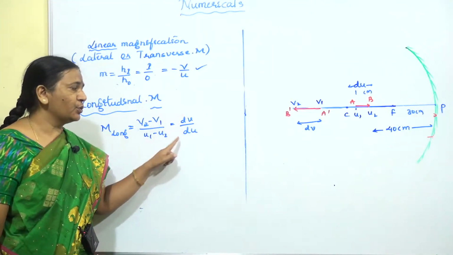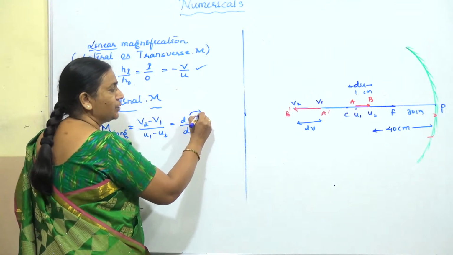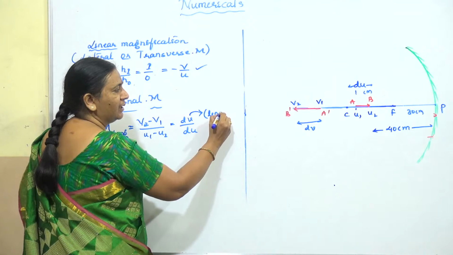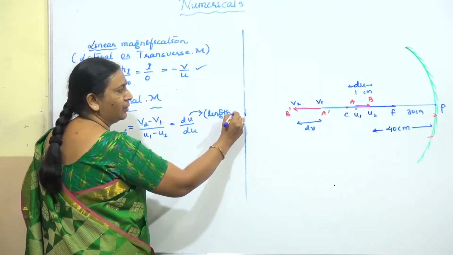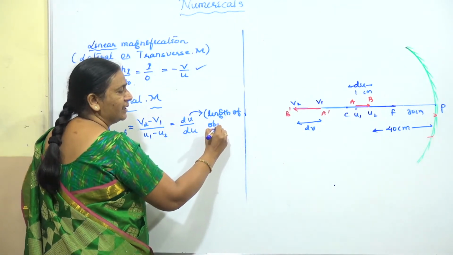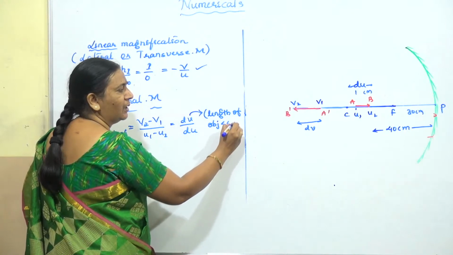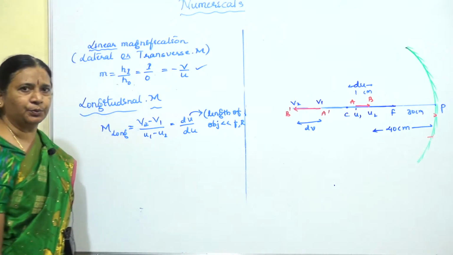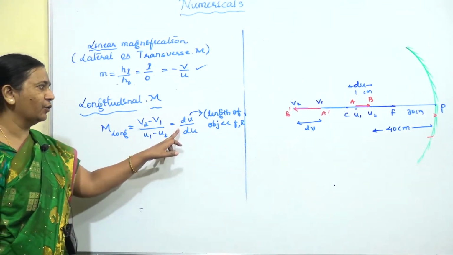This is used only if the length of the object lying along the principal axis is very small compared to your f and the other given data. In that case, I can go for this.